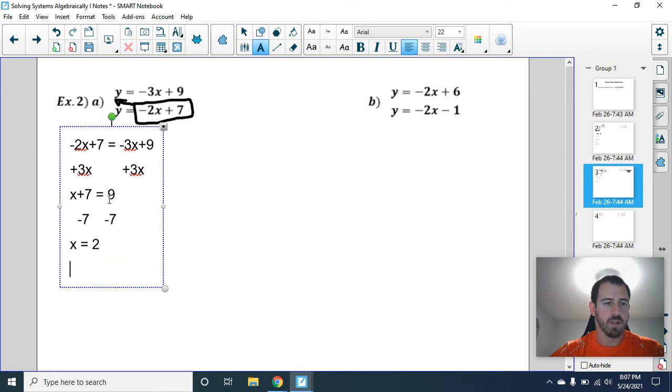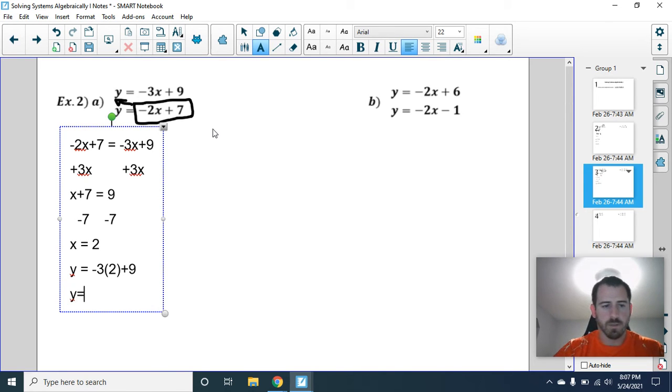And then, like I said before, once we find x, we plug that back in, doesn't matter which equation, to find the y. So if I plug it into the top one, just to make it simple, we get y equals negative 3 times that x, which is 2, plus 9. And we just simplify.